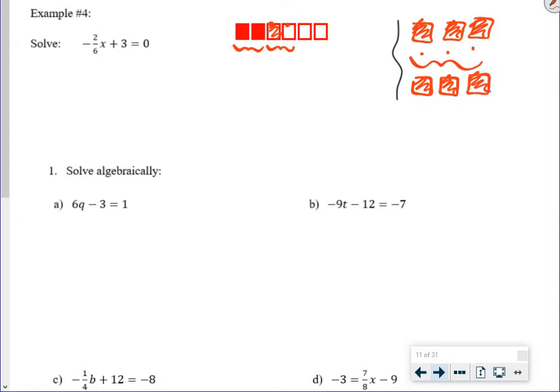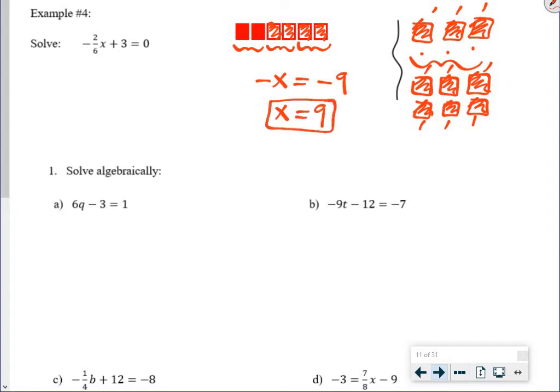And if I had another 2 out of 6 of this x, I would add another 3 over here. So it should be the case that negative x is worth negative 9. Count them: 1, 2, 3, 4, 5, 6, 7, 8, 9. And therefore x is 9. So 1x is worth 9.